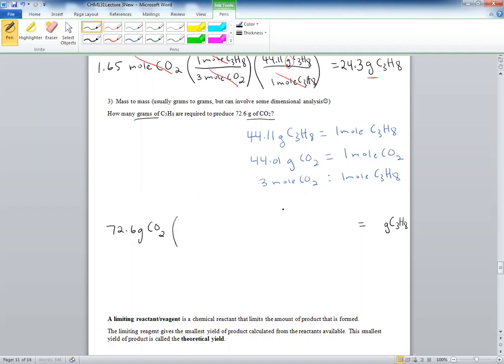Think about it. Which one should we use first? If I have grams of CO2, then that is what should go down here. Exactly, it would be this one. So that's 44.01 grams of CO2, which is 1 mole of CO2.